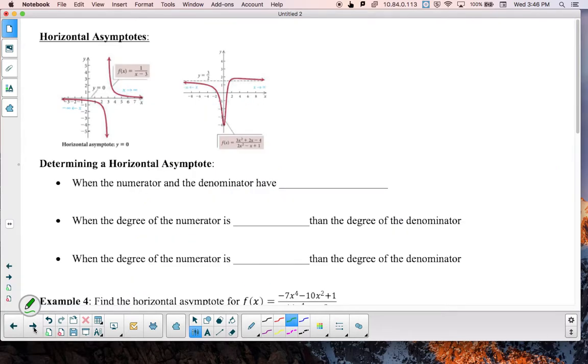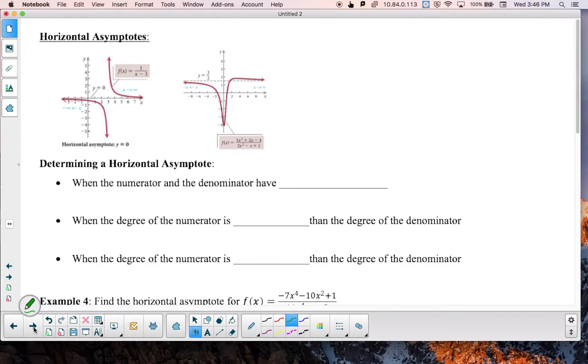Our horizontal asymptotes are dependent on the degree that we have and the coefficients written in front of our leading terms for both polynomials.